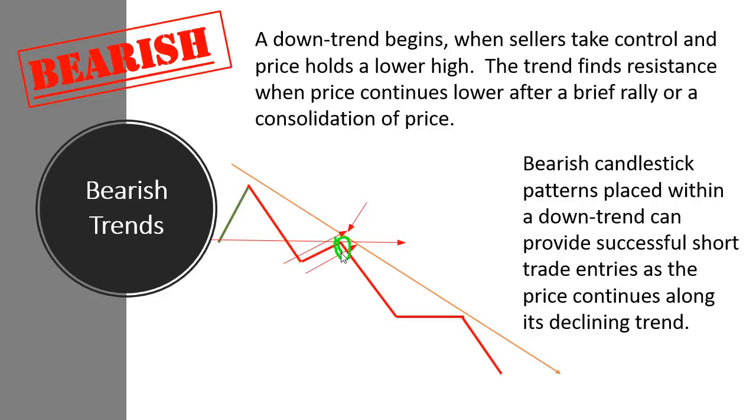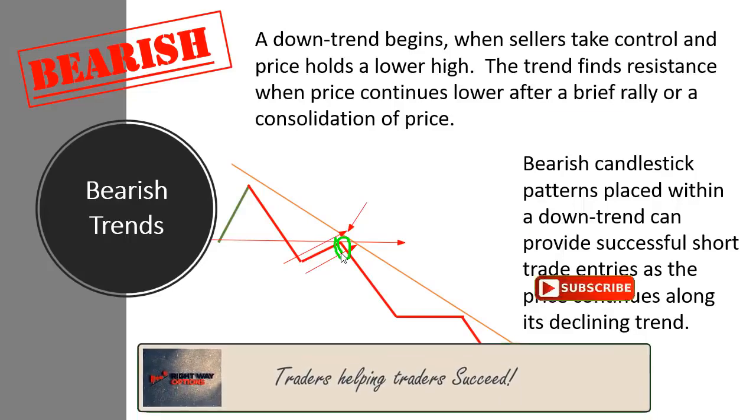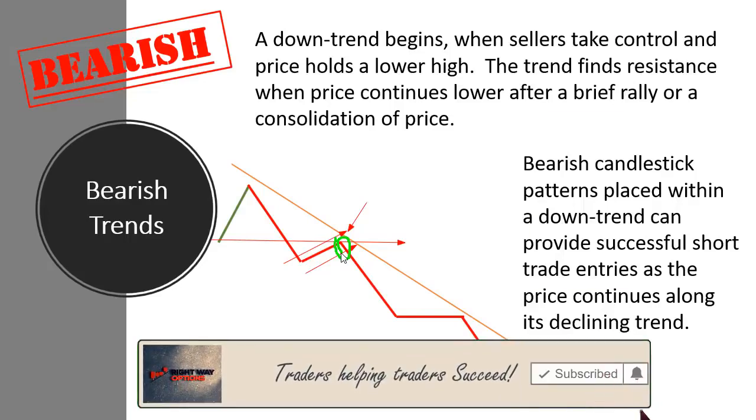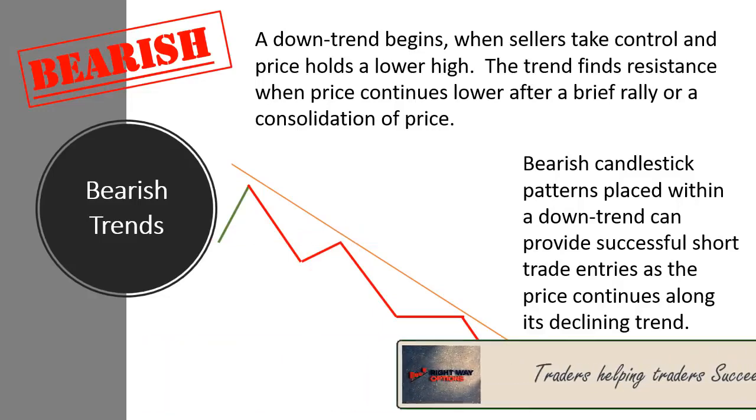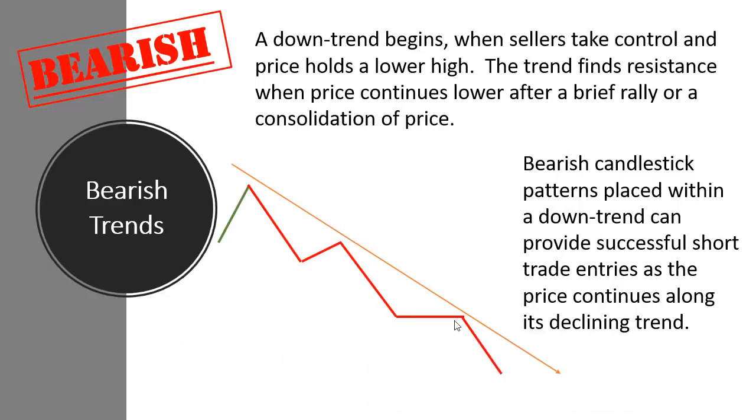I always want to be selling stocks or shorting stocks at or near price resistance or downtrend. Okay, so keep that in mind. Now, trends can continue on with these consolidation patterns, but once again, that consolidation over toward that trend can provide that good entry signal to the downside.